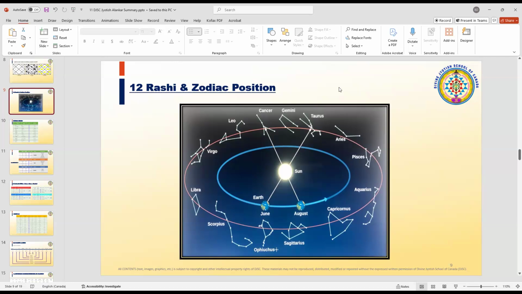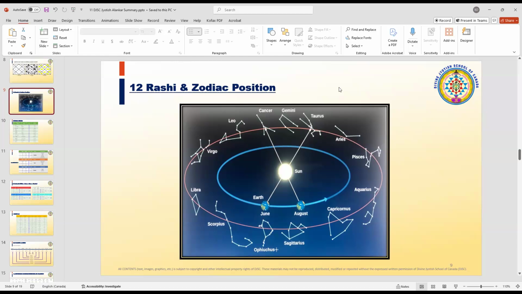When you are born, at that point of time, whichever Rashi is rising in the eastern horizon becomes your Lagna. From that point onwards, all the 12 different 30-degree parts are your particular experience. So the focal point is you.